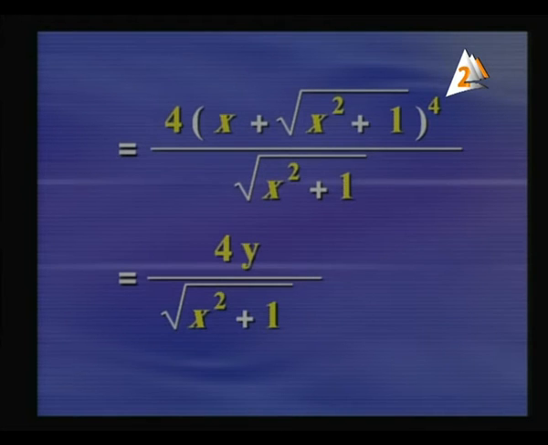Why? Because y equals (x plus square root of x squared plus 1)^4. By substitution in the numerator, 4 multiplied by the bracket to the power 4 equals 4y.